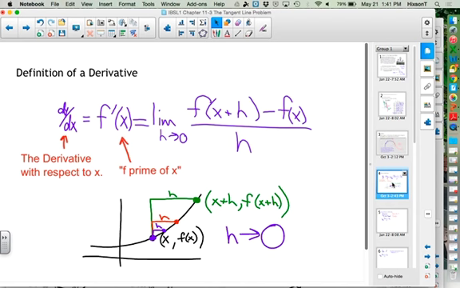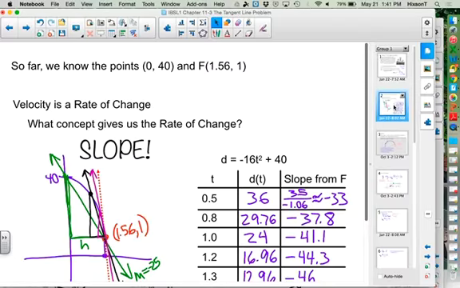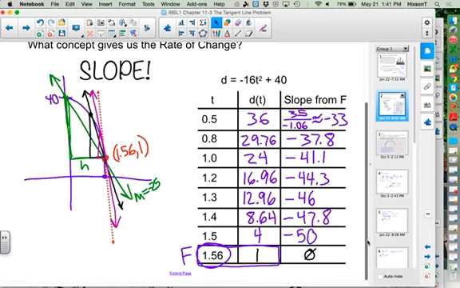But I just want to look at it purely from a limit standpoint. So, let's go back to that problem and use this definition. We're running out of time, so let's take our function.